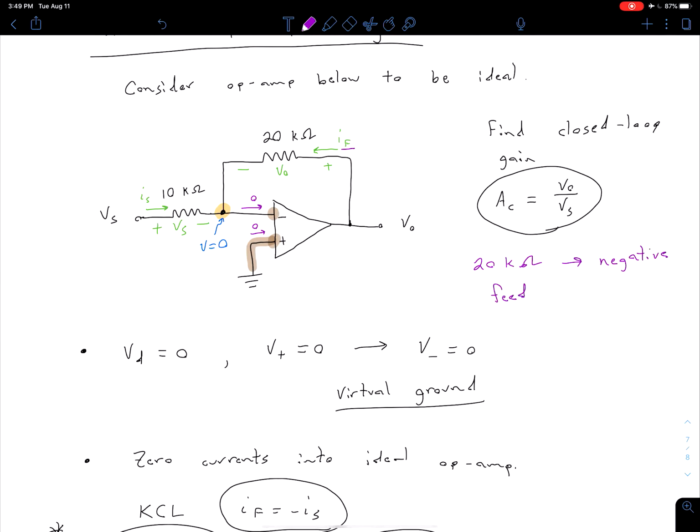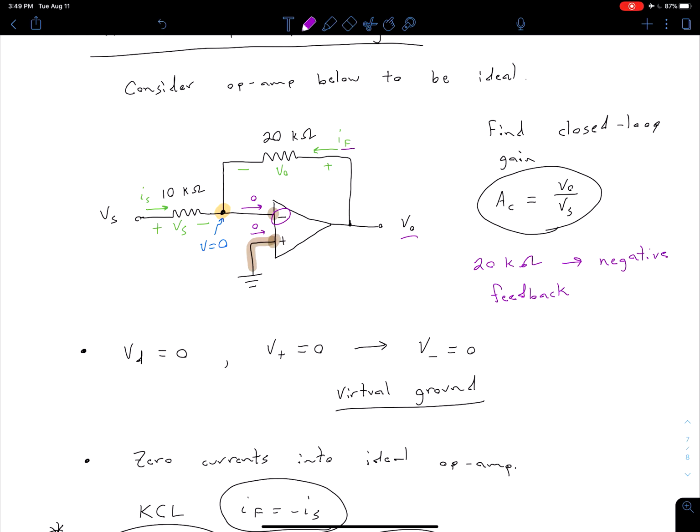Because it's feedback, that's why I've labeled that as I sub F, so we can call it our feedback current. Let me take a step back. We're calling it feedback because we're taking a portion of our output and feeding that back into the input of our op-amp over here. Because we're going into this negative terminal indirectly, we're saying it's negative feedback.